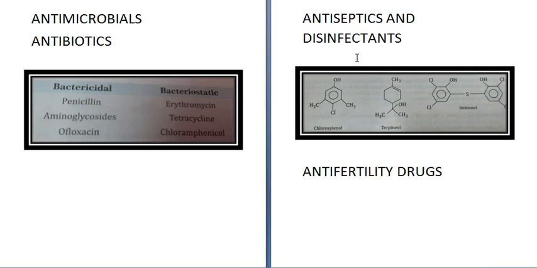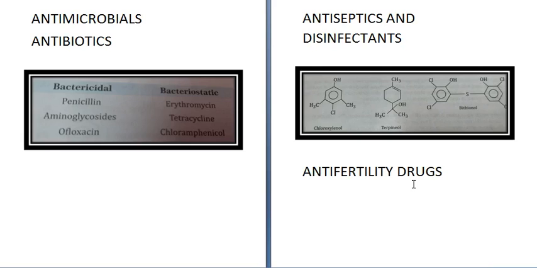Next come the anti-fertility drugs. These drugs control the birth rate. Birth control pills contain a mixture of synthetic estrogen and progesterone derivative. Progesterone suppresses ovulation and synthetic progesterone derivatives are more potent than progesterone. For example, norethindrone.